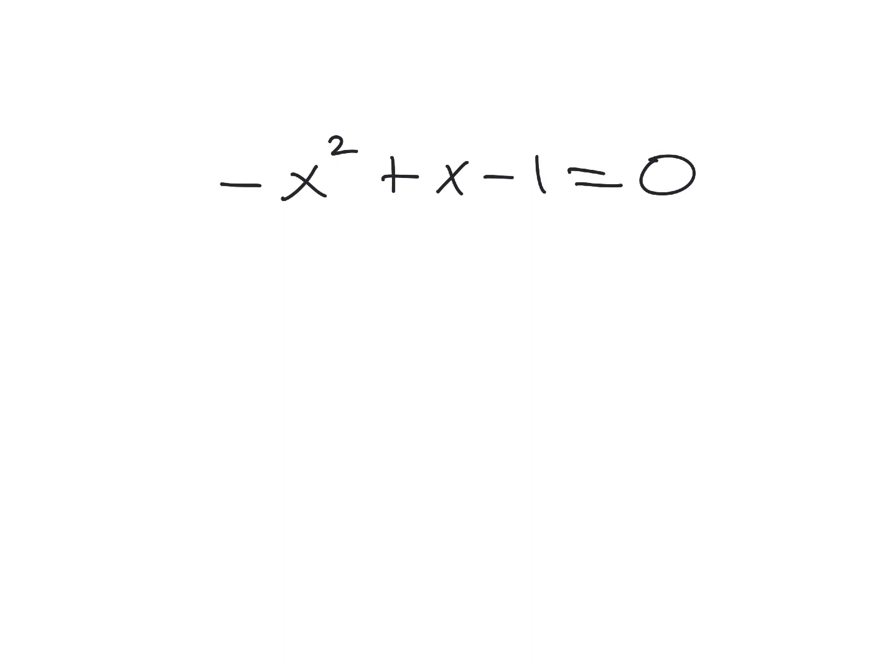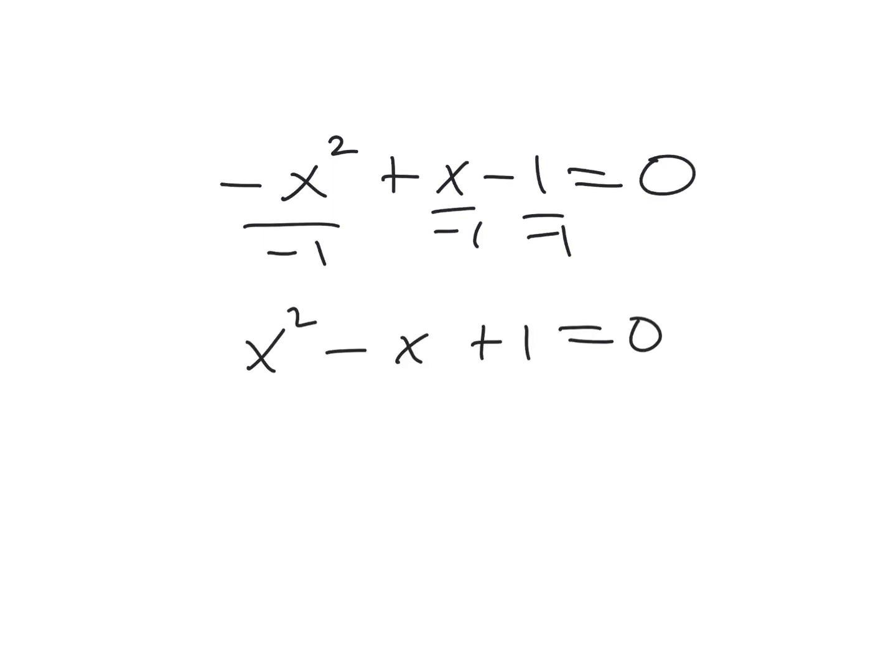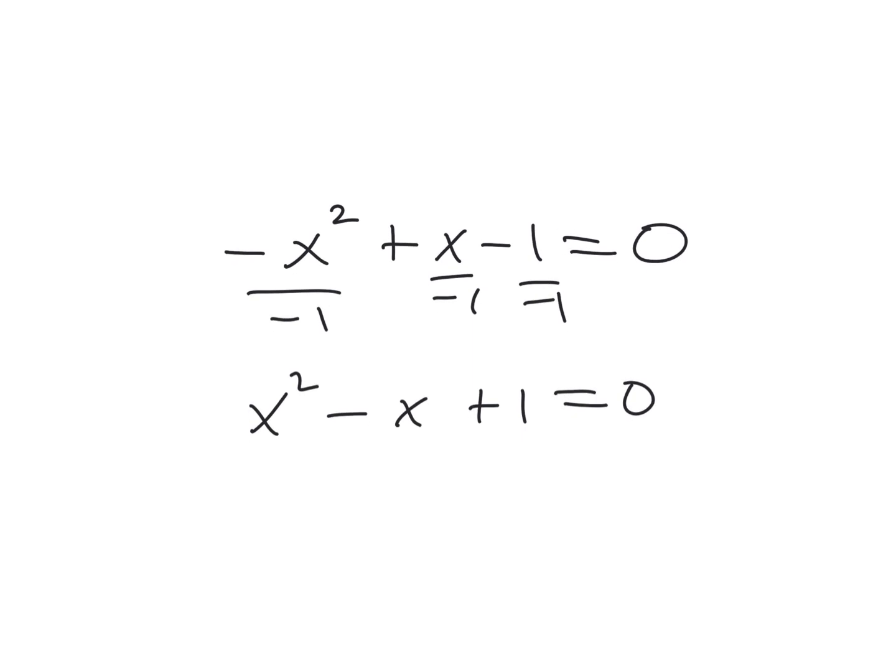But again, here's what we need to do. Divide everything by negative 1. X squared minus x plus 1 equals 0. Take the b term, which is the negative 1, divide it by 2. So it's just 1/2. Square it. What we're adding to the right side is going to be 1/4.